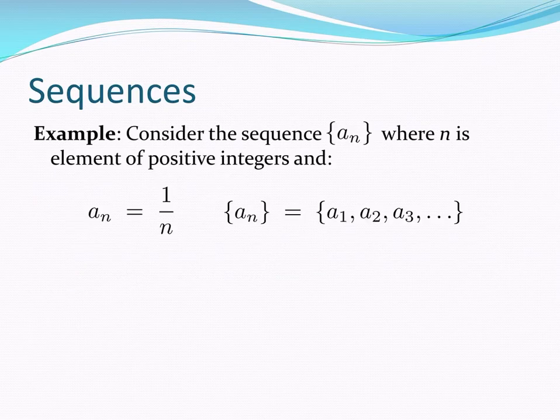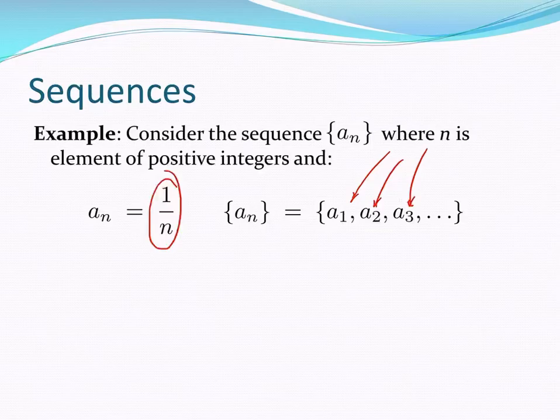Here's an example. My from set in this case is going to be the set of positive integers 1, 2, 3. And then I do have a function that I apply to that. It's going to be 1 over n.